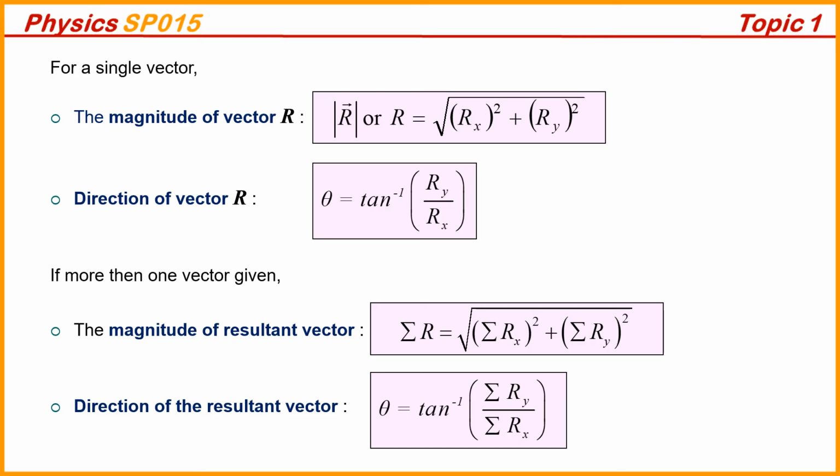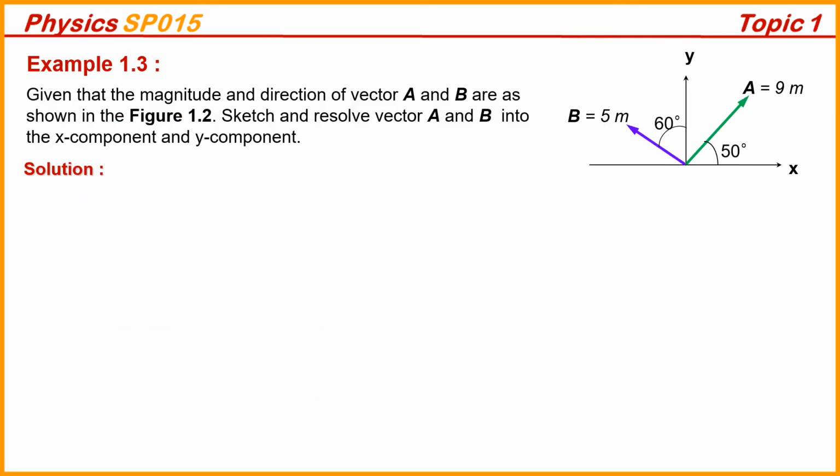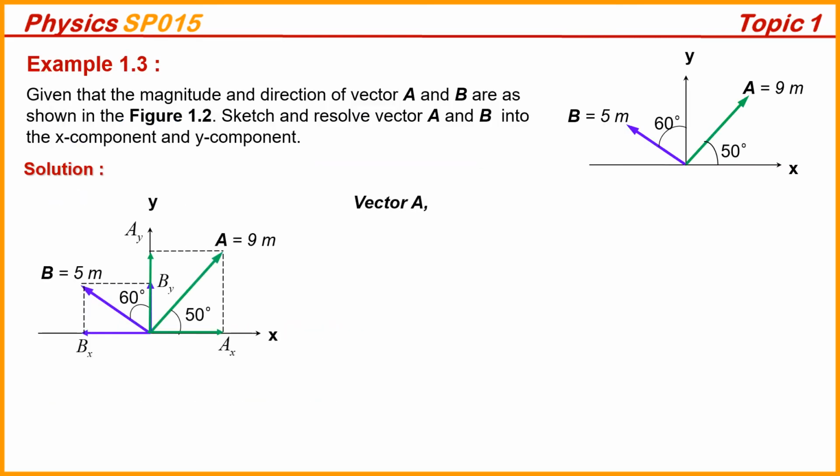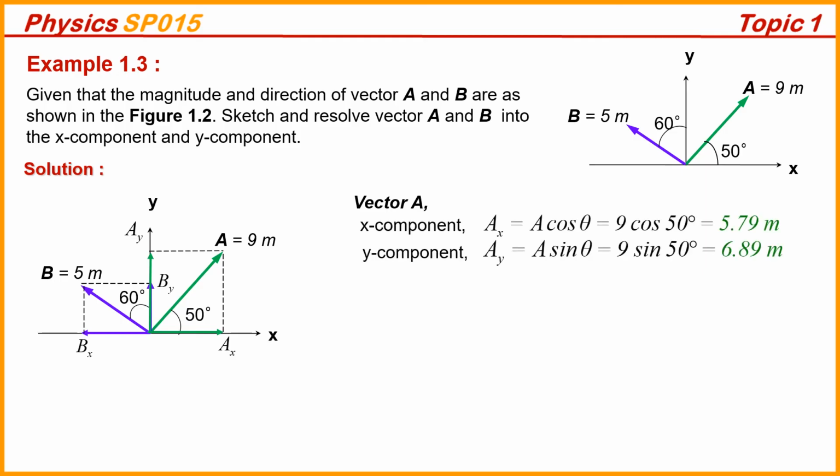And for the direction of the resultant vector, we use the equation as shown. Example 1.3 will guide you on how to sketch the resolving vector at the x component and y component, and also show how to resolve vector A and vector B into x and y components.